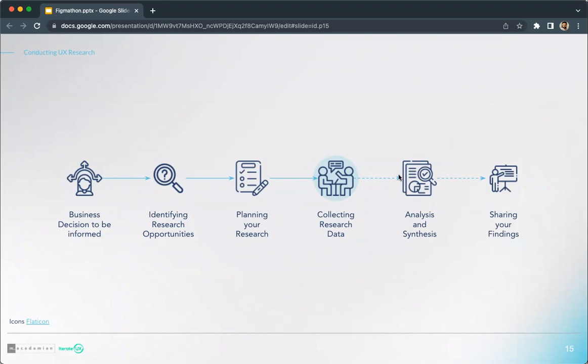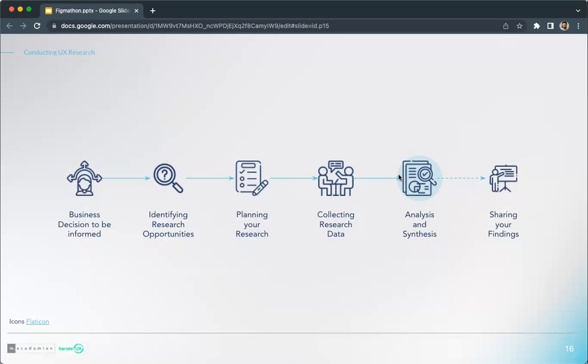Depending on the type of data, you would then figure out how you would go about analyzing and synthesizing that data. What we as researchers do is code our data. So we'll create different tags based on our research questions and code the data, going through the data multiple times. What we are trying to do is recognize what patterns exist and find answers to the questions that we were asking initially.